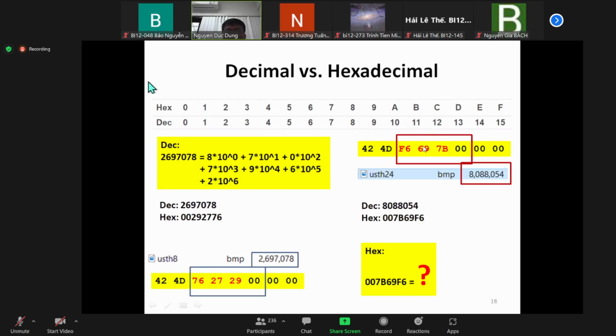And we also check it again with another file, a picture written using 24-bit encoding. Now please use your pen and paper to do the calculation to verify that the two numbers are the same.